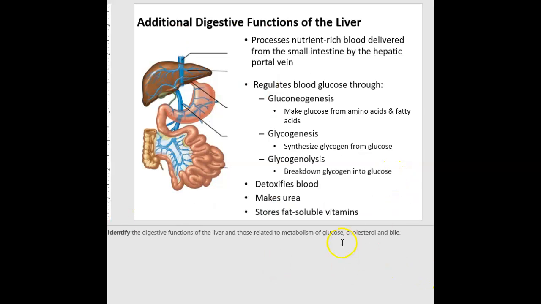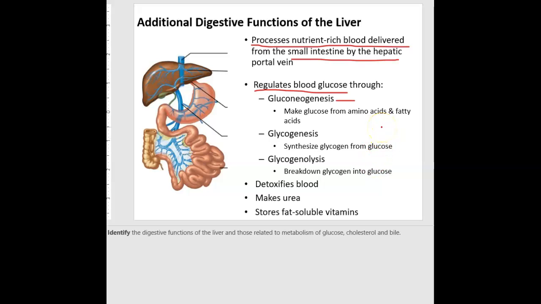For that reason, the liver has some additional digestive functions, some of which you're already familiar with. One is that the liver can process nutrient-rich blood that comes from the small intestine. In doing so, it regulates our blood glucose, because the liver can perform what's known as gluconeogenesis.